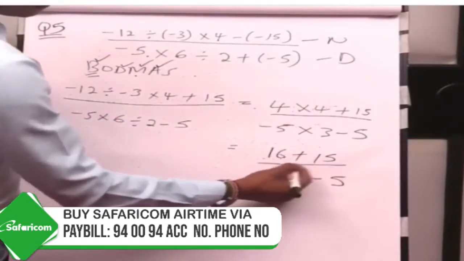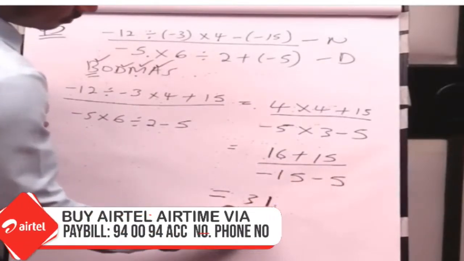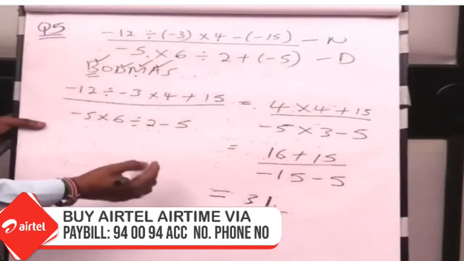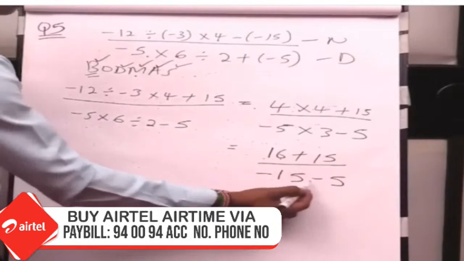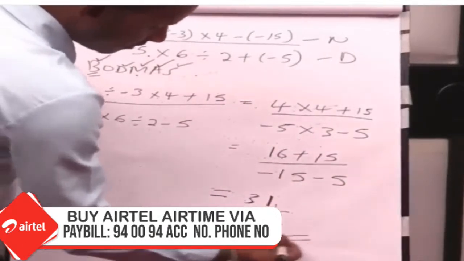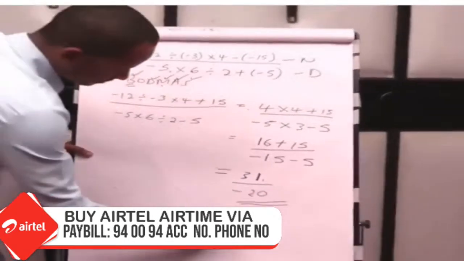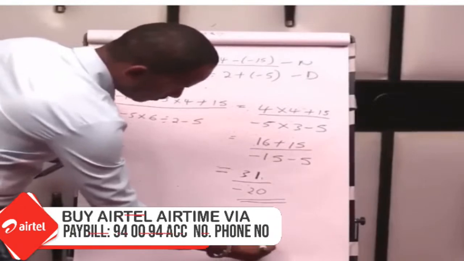Add them. The numerator, 15 plus 16 is 31. Over the denominator, minus 5 minus 15 minus 5 is minus 20. So this is our answer. Or if you simplify it further, it becomes minus 1 and 11 over 20.